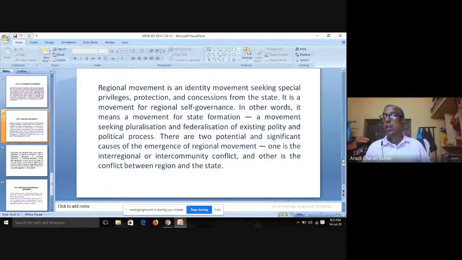Regional movement: salient features of movement for statehood. It is found that the salient patterns of regional movements seeking separate state may be discerned. In India, territory and community are symbiotically linked.